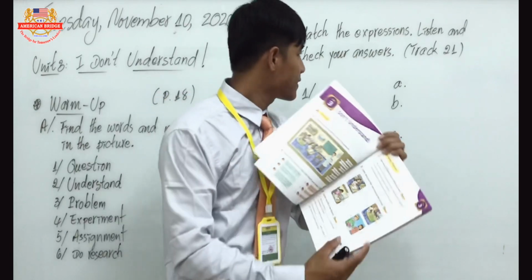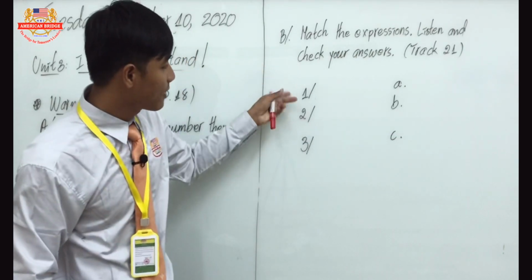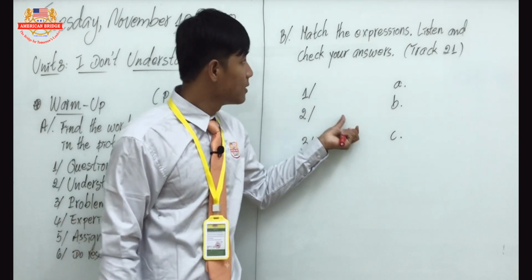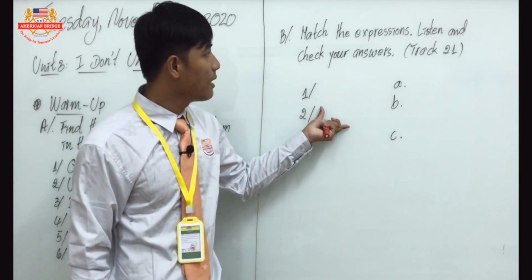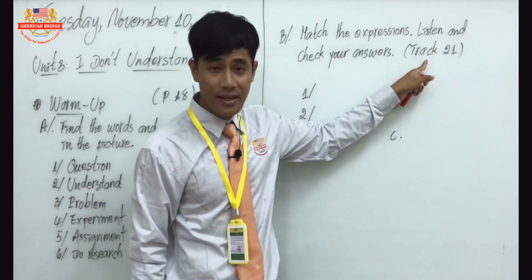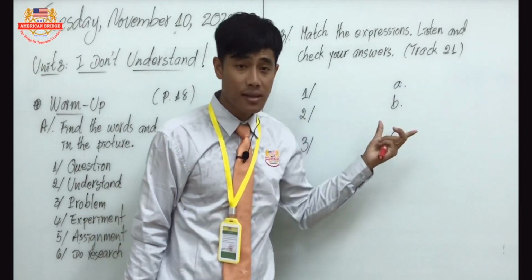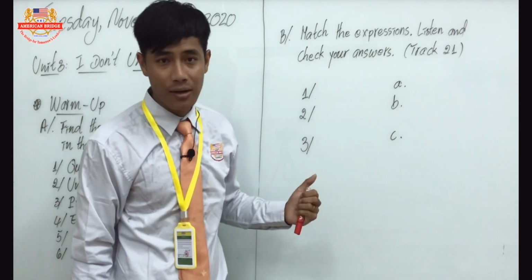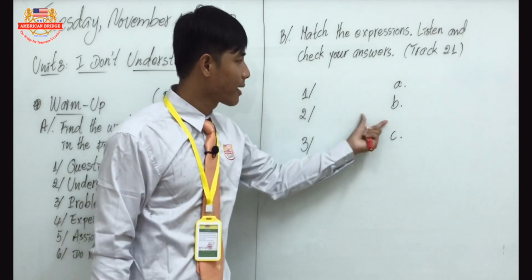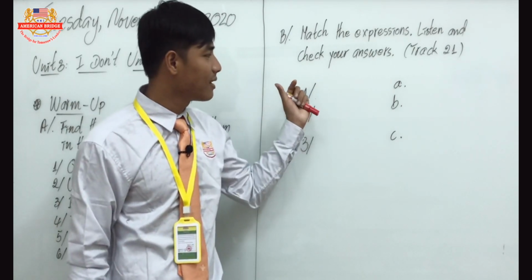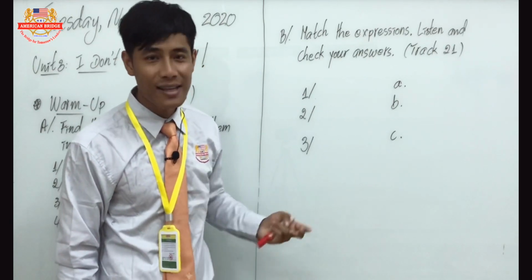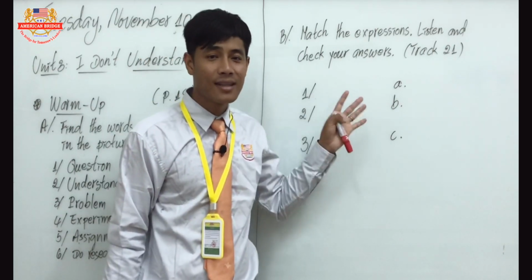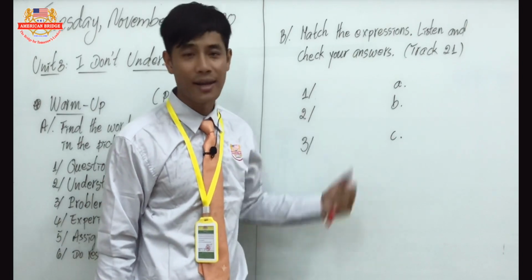All right, students, so over here, teachers just write the number and write the letter only. So let's get started. Listen to the track 21. Then you have to match it from the number to the correct letter. All right. So are you ready, students? Let's start listening to the track right now.